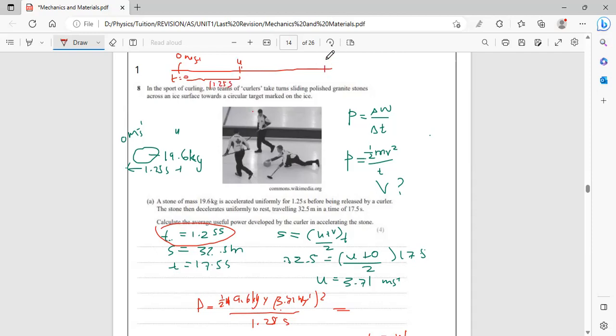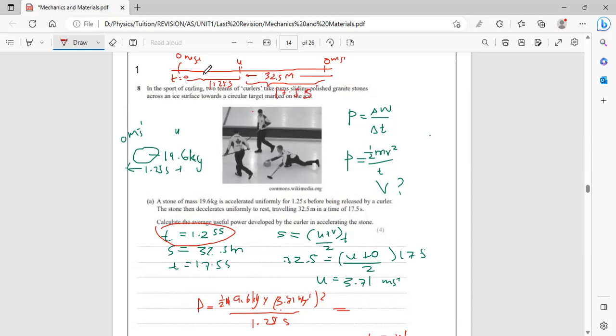Then it decelerates, so again it comes to 0 velocity after traveling a distance of 32.5 in a time of 17.5 seconds. So deceleration takes place for 17.5 seconds.